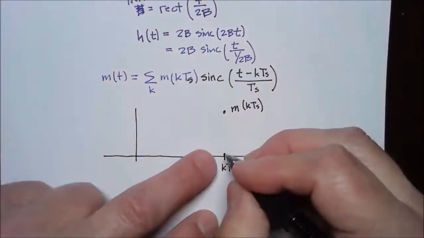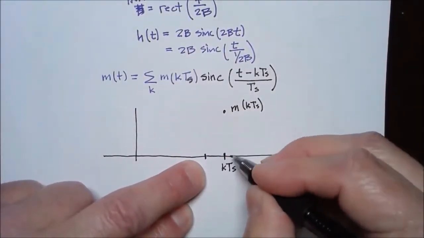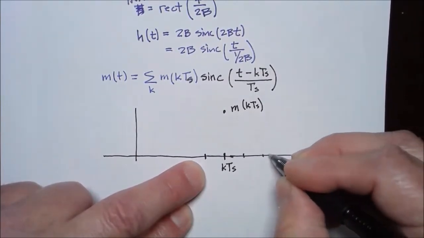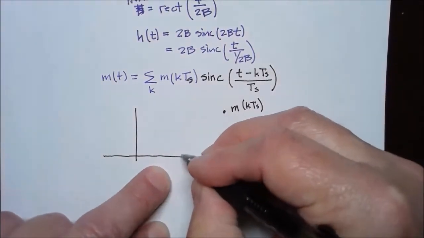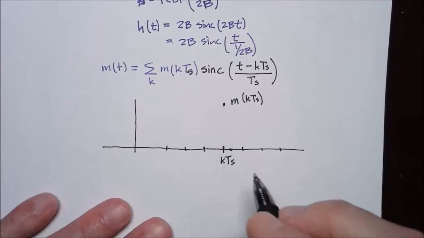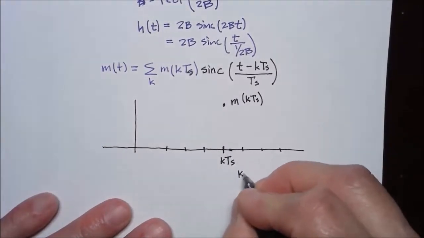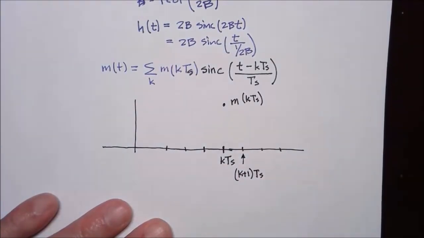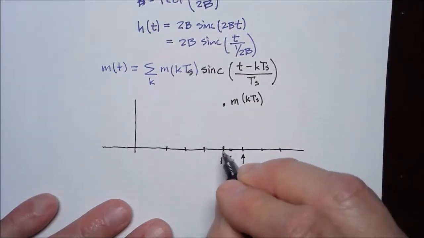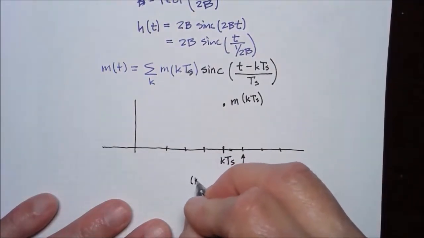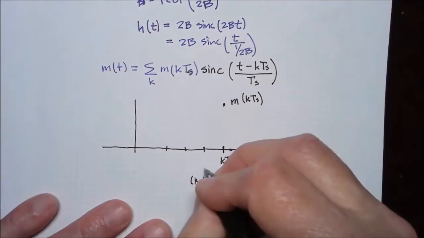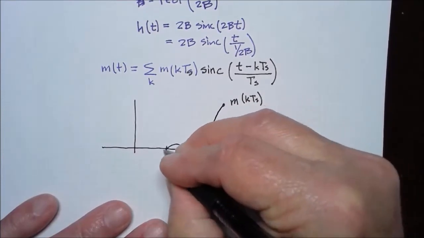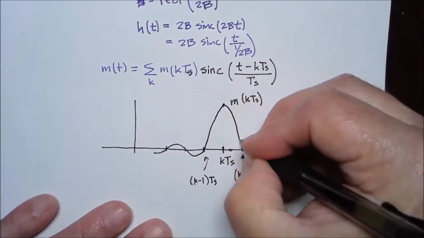It is a sinc function that has zero crossings at 1, 2, 3. This would be k plus 1 times t sub s, its first zero crossing from its center, and this would be k minus 1 times t sub s, and then the sinc function would look something like this. I'll just draw a bit of it.